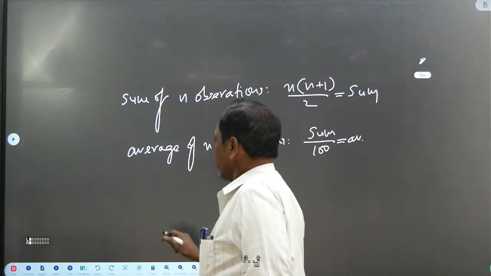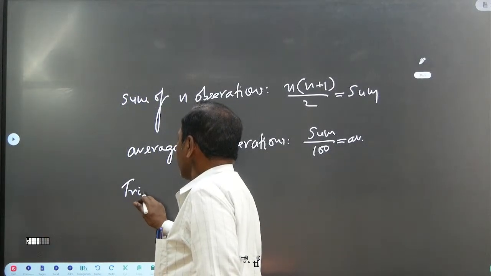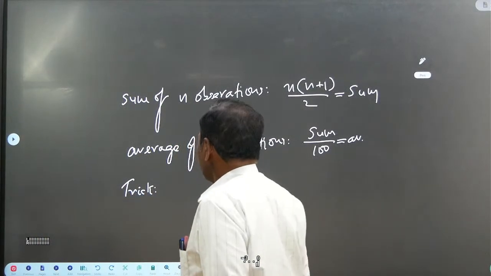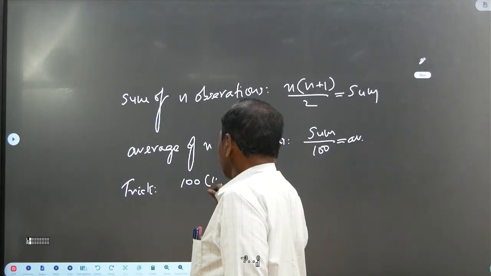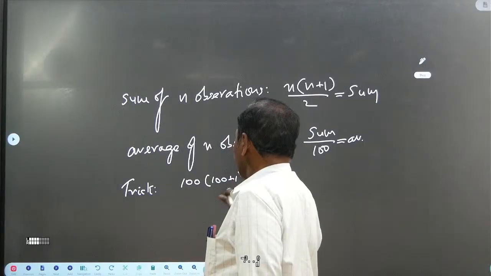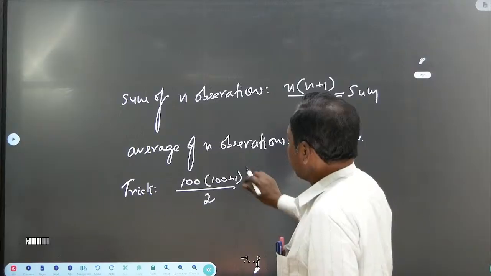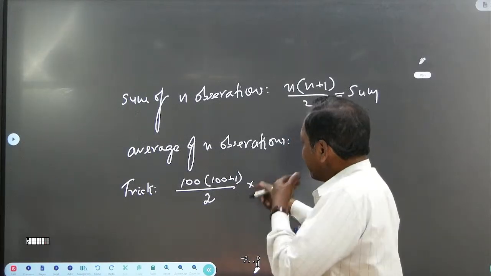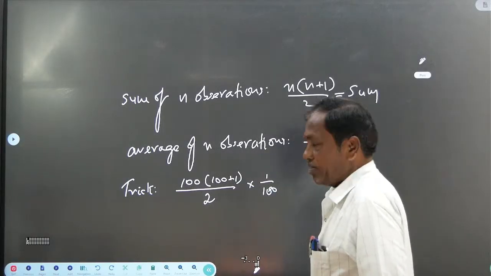So what is the trick for solving at a stretch? The number of observations is 100, so the sum is 100 into 100 plus 1 by 2, divided by the number of observations, 100.